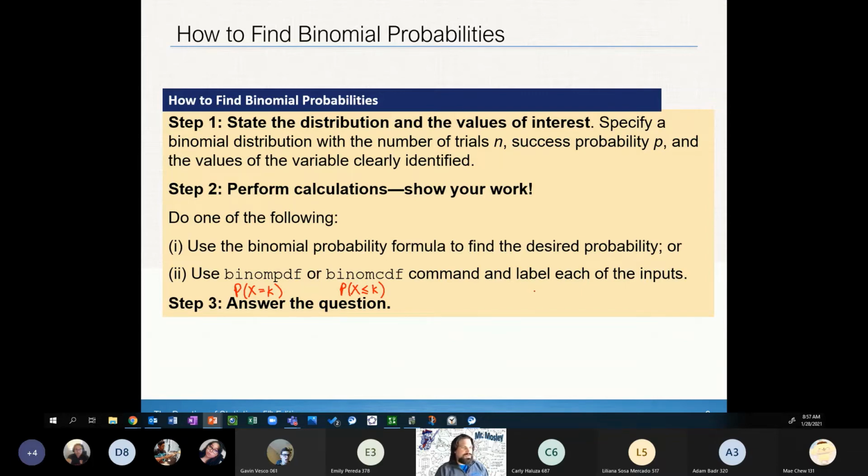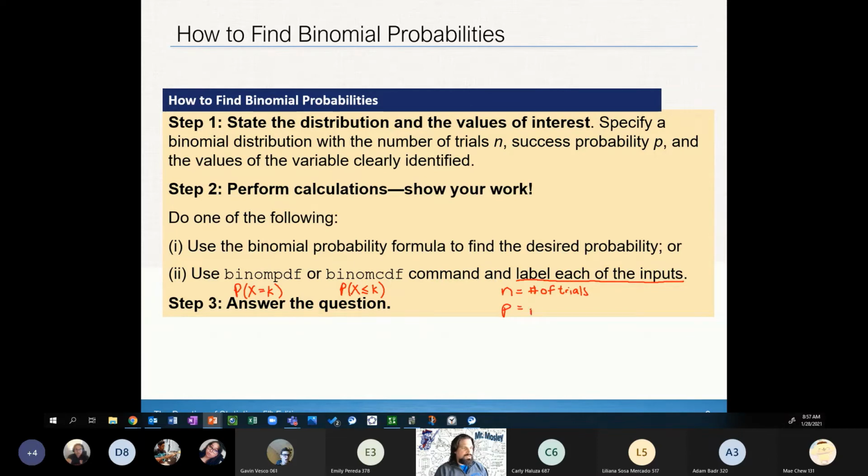When it says to label each of the inputs, we have 3 inputs for this command. We need to have the number of trials, that's one input.